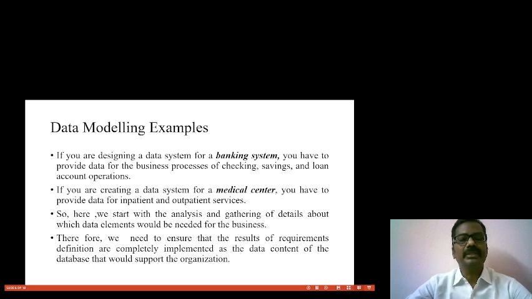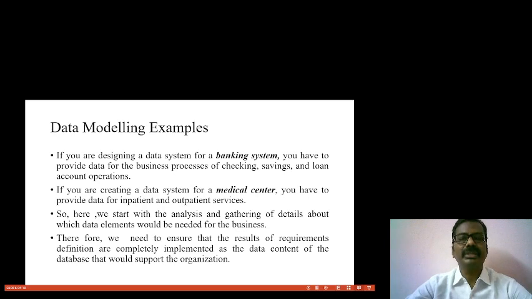Here, we start with the analysis and gathering of details about which data elements would be needed for the business. To construct a data model, first of all, you need to do some requirements gathering. Requirements gathering is normally done from the users' perspective, users or customers or patients.